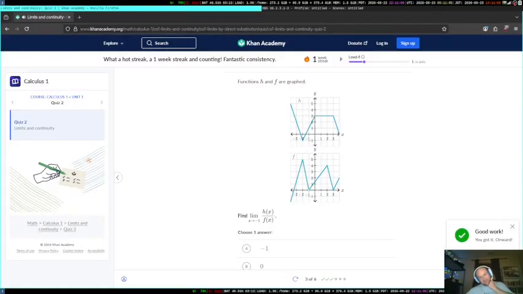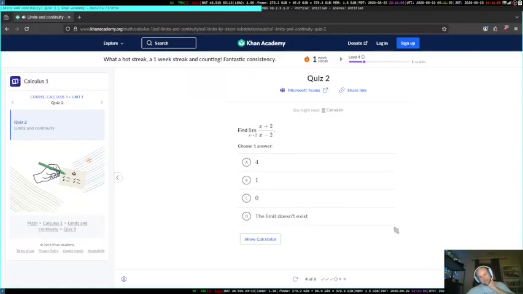Okay. I might need a calculator. The problem is that if you have the limit of a continuous function, you can sort of plug the... I'm trying to figure out a good way to phrase this.